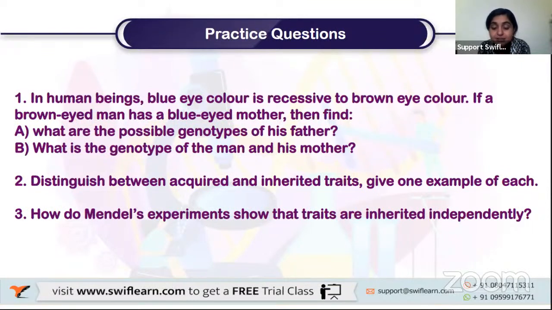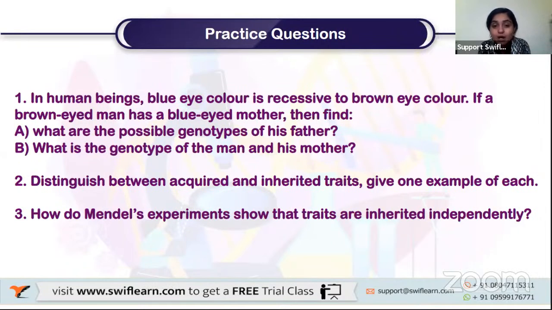And for the mother, it's going to be small b, both small b. Why? Because blue eyes are recessive. Blue eyes are very rare. On the other hand, the man has brown eyes, so the capital B comes from the father, and the small b from the mother, right?